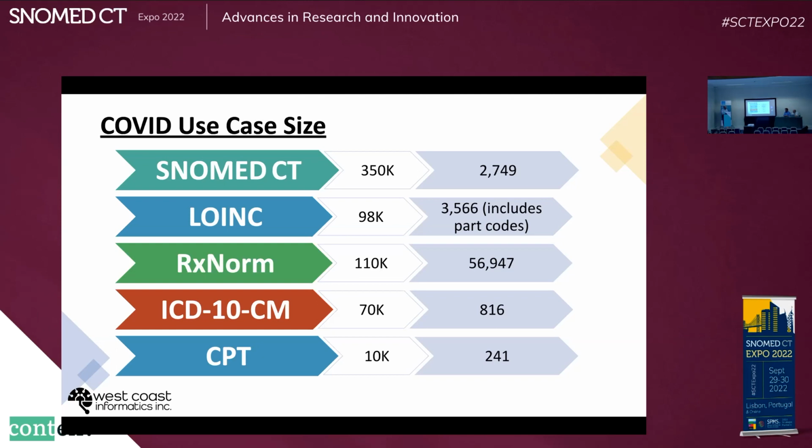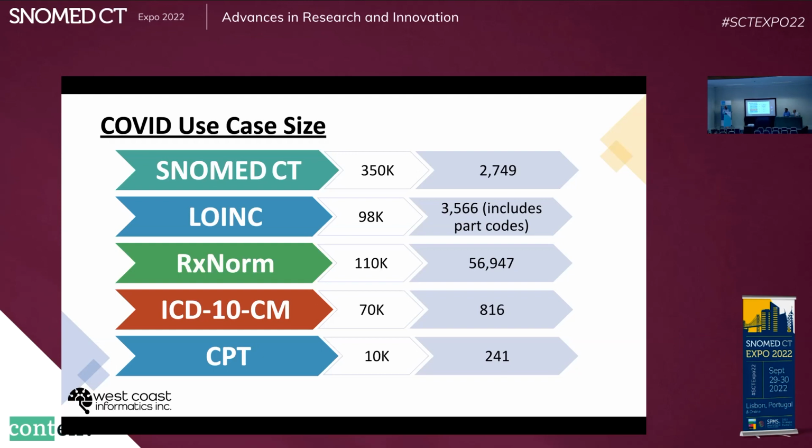But we took SNOMED from 350,000 codes down to about 2,700 codes, which was quite a large reduction in the amount of SNOMED that you need just for COVID. LOINC, including the part codes that represent the axes, we got down to about 3,500. So if you exclude the axes codes, it's probably even less than that. It's probably half of that number.